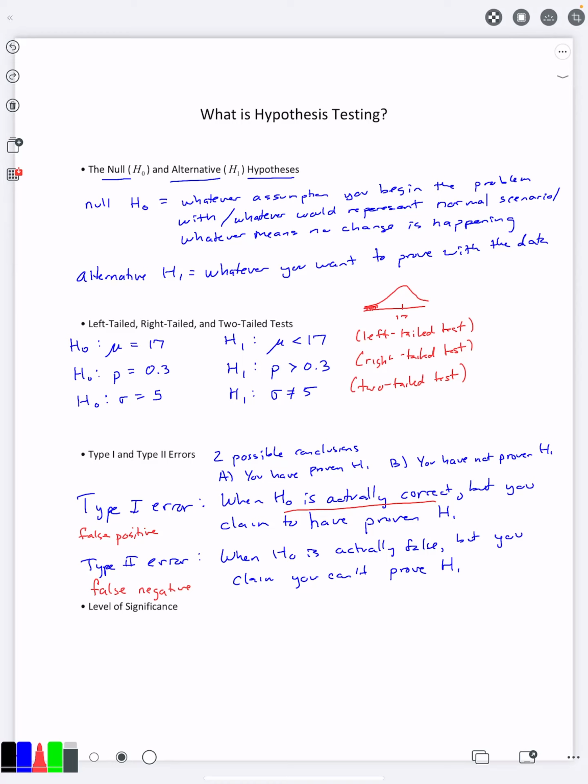Now, for every hypothesis test, there is going to be something called a level of significance. We are going to call this alpha. And it will be given to you in every problem. And this is the probability of a type 1 error.